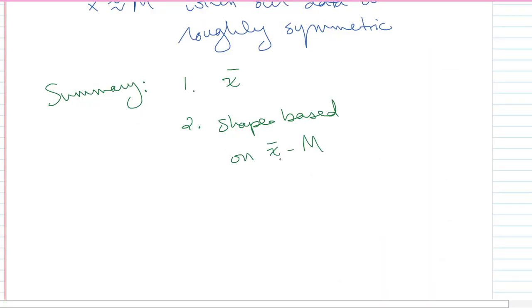So if x bar is less than the median, that means x bar is pulled to the left, and this will be negative, and so our distribution would be left skewed, okay? And if this is positive, then the distribution is right skewed, and if this distance is only slightly negative or positive, but close to 0, that means that we have a roughly symmetric shape.